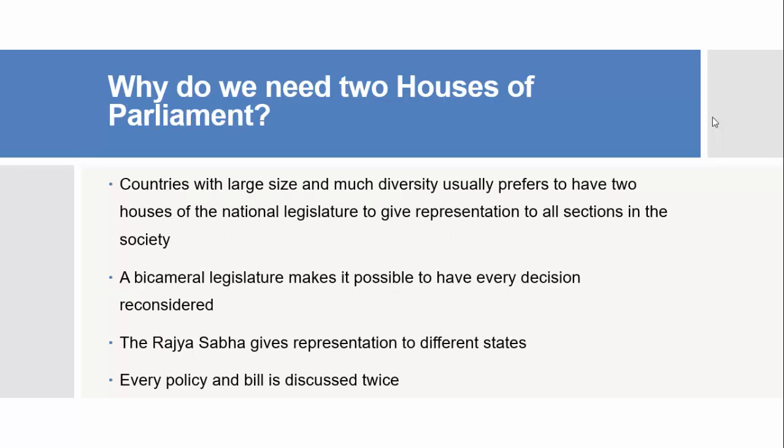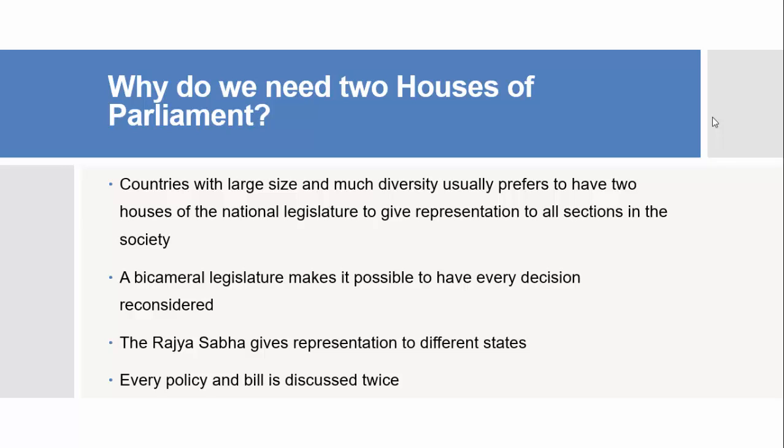In this slide, we will discuss why we need two houses of parliament. Countries with large size and much diversity usually prefer to have two houses of the national legislature to give representation to all sections in the society.